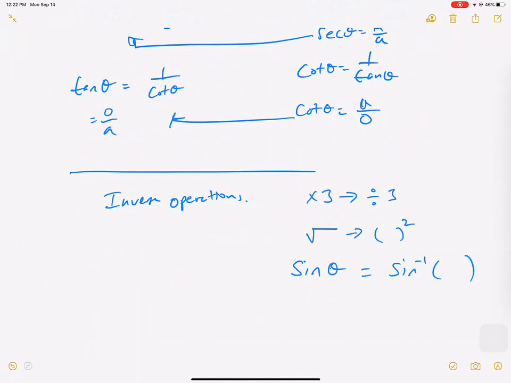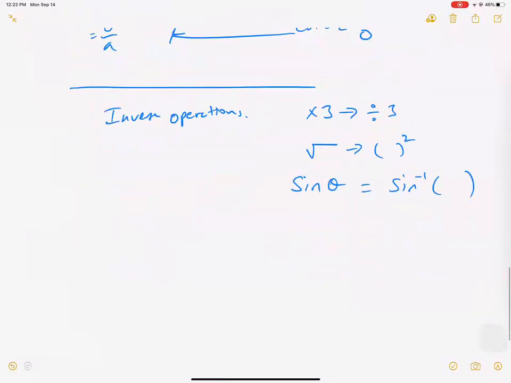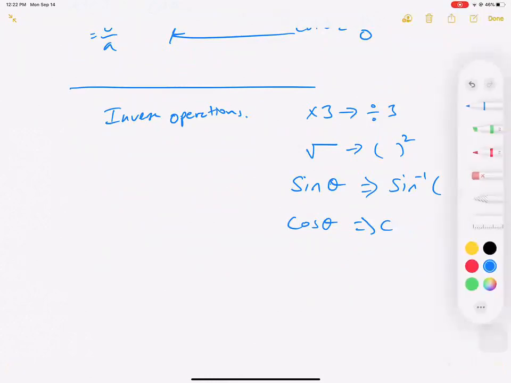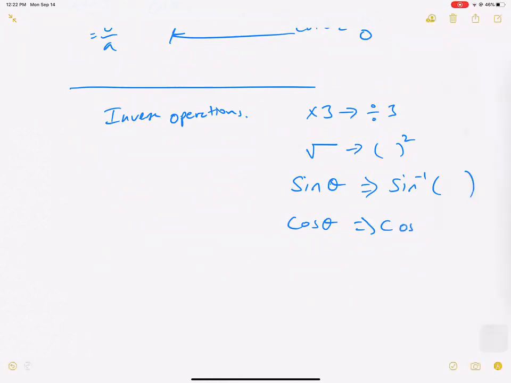Opposite of cosine is inverse cosine, or cosine inverse, and then tangent inverse. So we're going to label these like this. These are arrows, they shouldn't be equal. Cosine inverse. Oh, that looks so ugly. Tangent is tangent inverse, or inverse tan, however you want to say it.